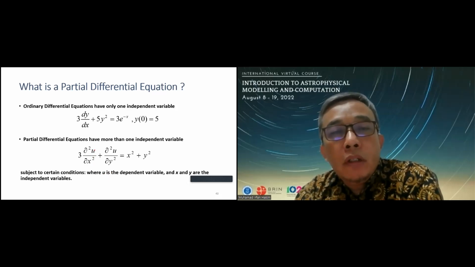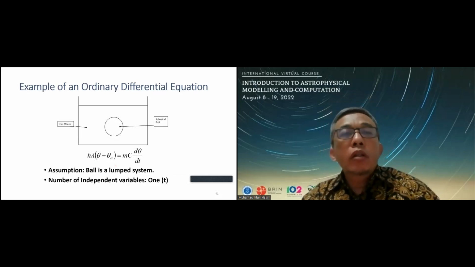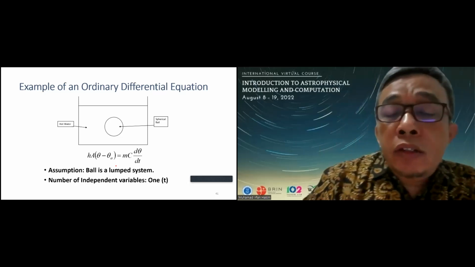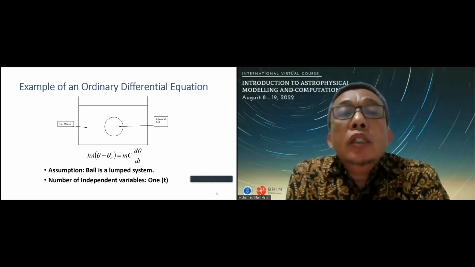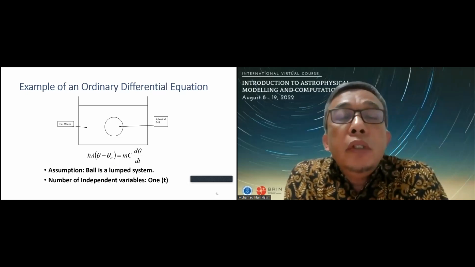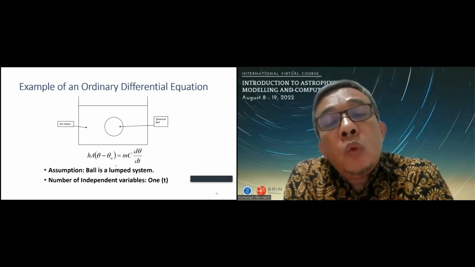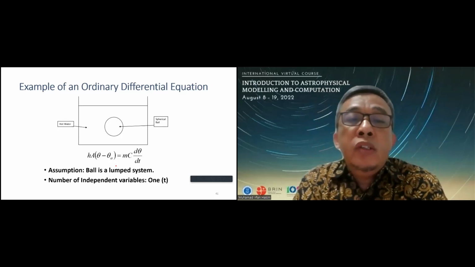We have independent variables X and Y and dependent variable U. This is an example of a description of models, real problems, physical problems dealing with ordinary differential equations.